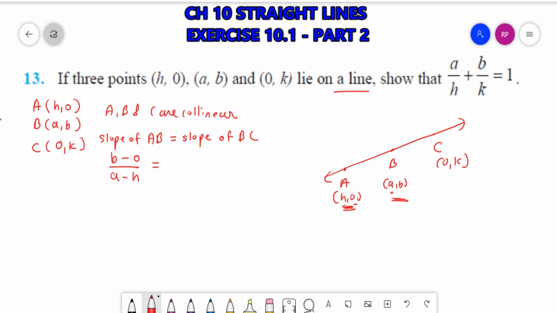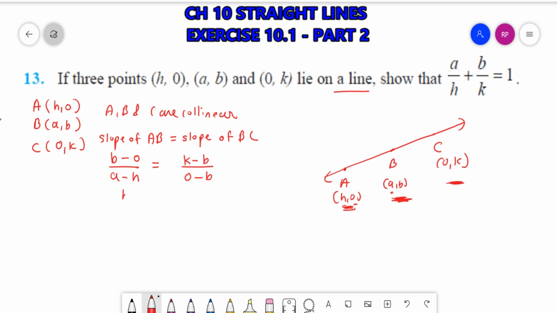This will be equal to the slope of BC. Now point B I will take as x1, y1 and point C I will take as x2, y2. So it will be k minus b, that is y2 minus y1, upon x2 minus x1, that is 0 minus a.